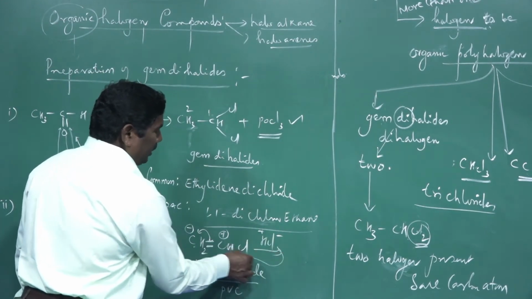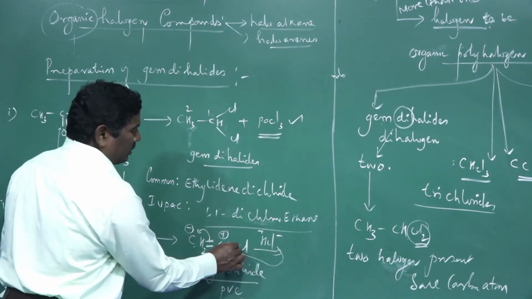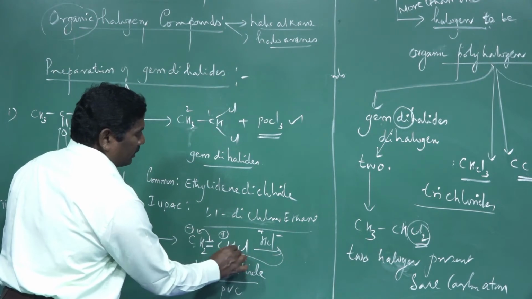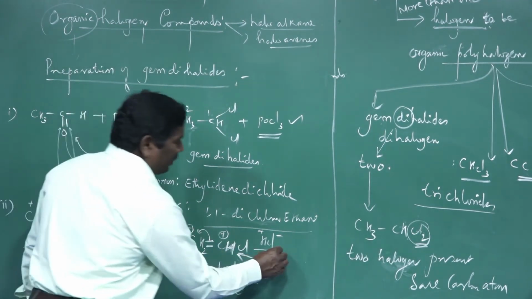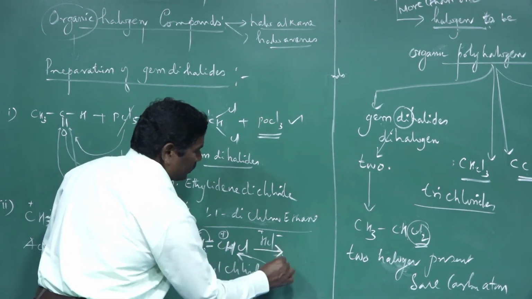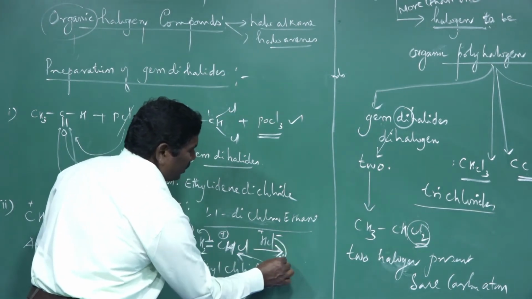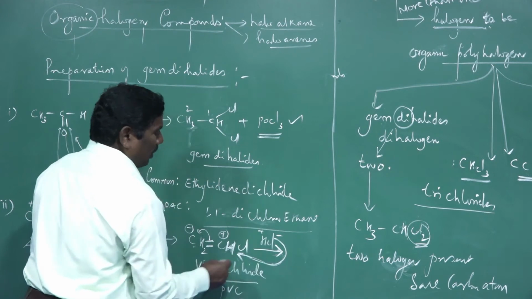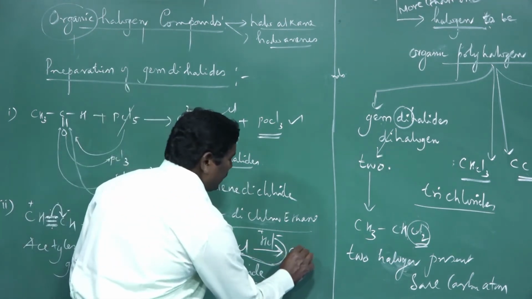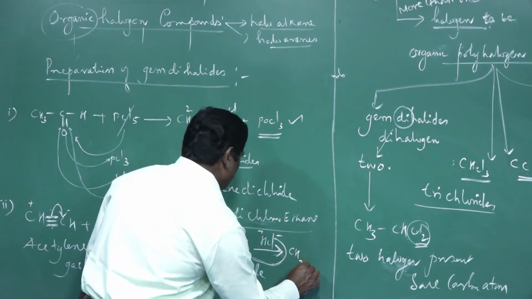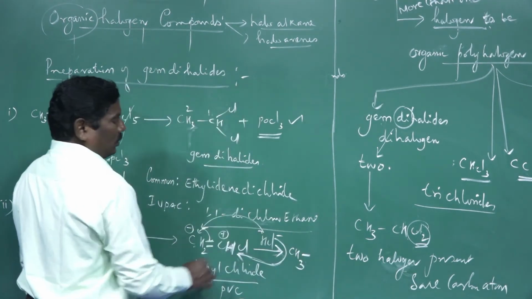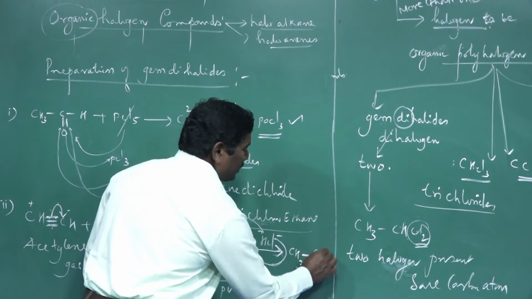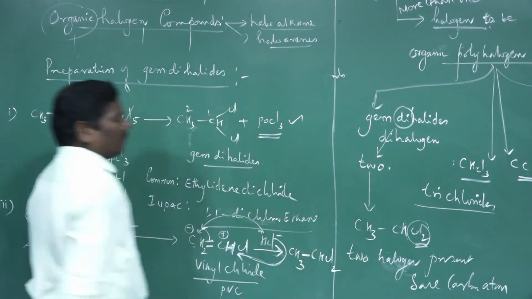The halogen again comes to this hydrogen. The hydrogen shifts to here, and the product formed is CH3 CHCl2.